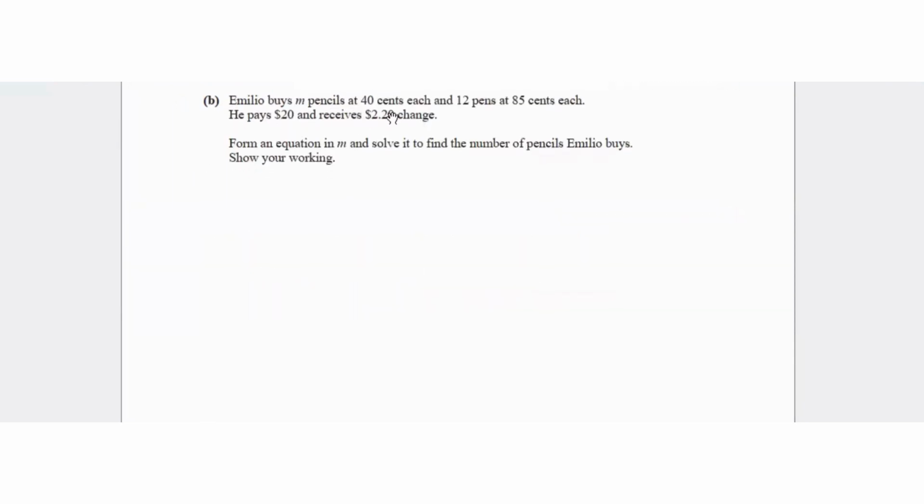Then it says Emilio buys m pencils at 40 cents each and 12 pens at 85 cents each. He pays $20 and receives $2.20 change. Form an equation in m and solve it to find the number of pencils Emilio buys. So what we will do is m times 0.40. I'm writing the 40 cents as dollars, so that's $0.40.